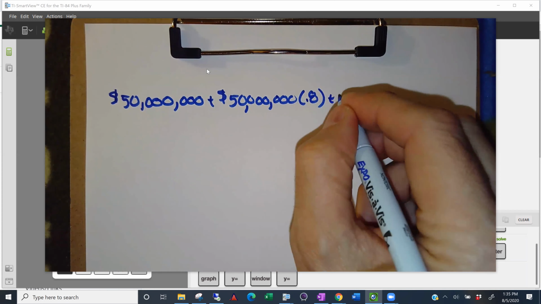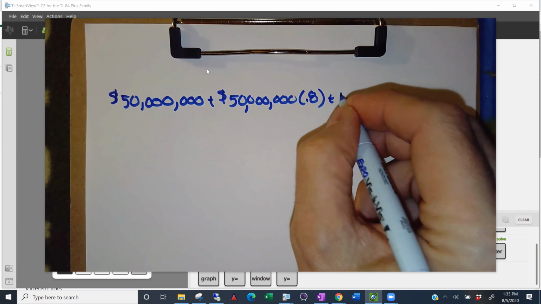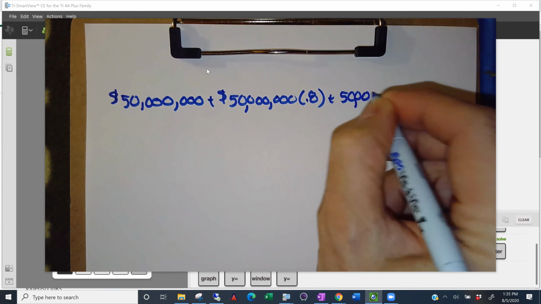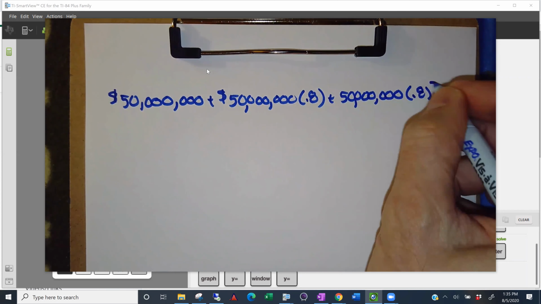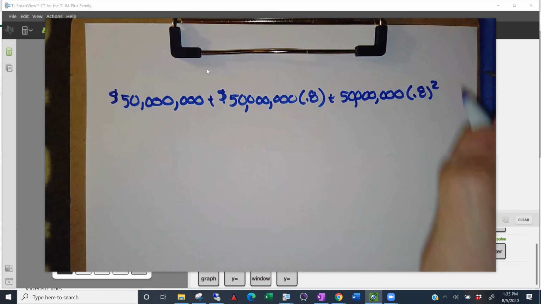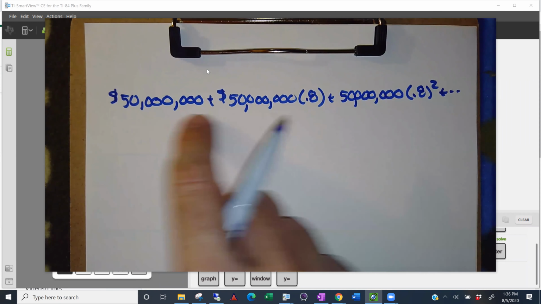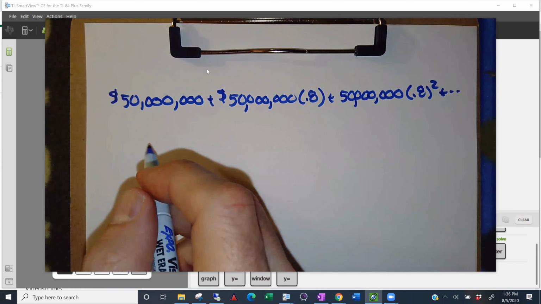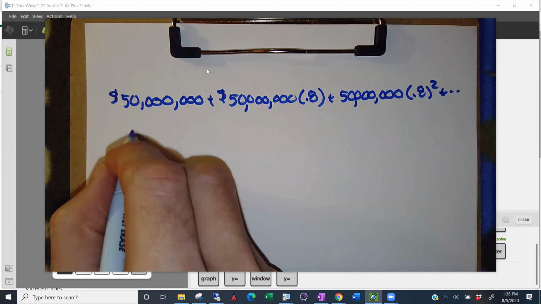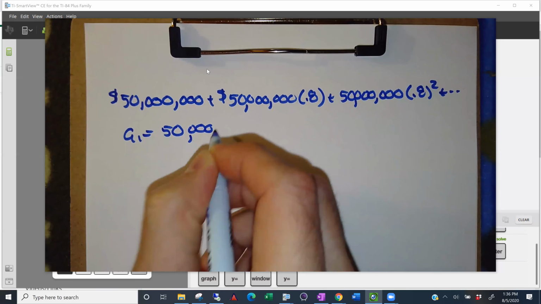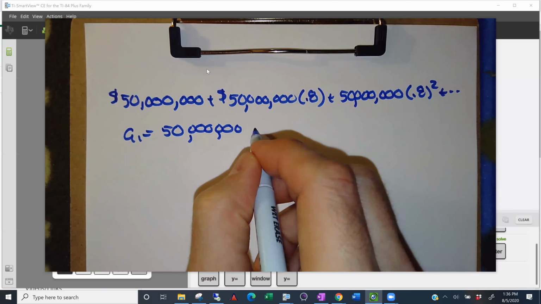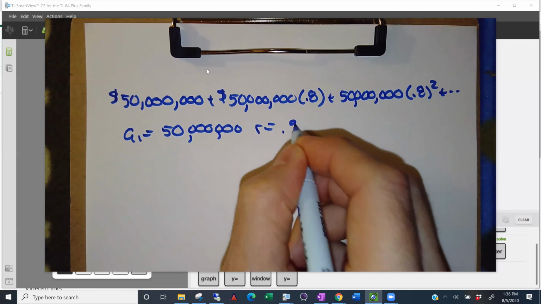And that money gets respent again. So 50 million times 0.8 squared. And then that money gets respent, and so on and so on and so on. And if you look at this, this is actually a geometric series. It's a geometric series with a sub 1 equals 50 million and r equals 0.8.